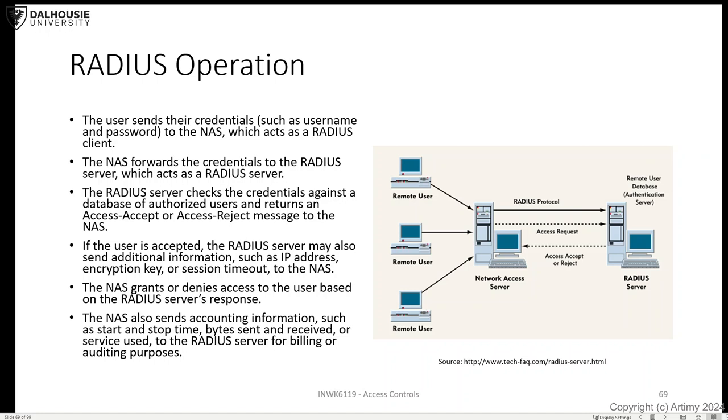The network access server will take their credentials, username and password, and forward these credentials to the authentication server, or the Radius server, right? The Radius server checks the credentials against the database and either accepts or rejects the connection.